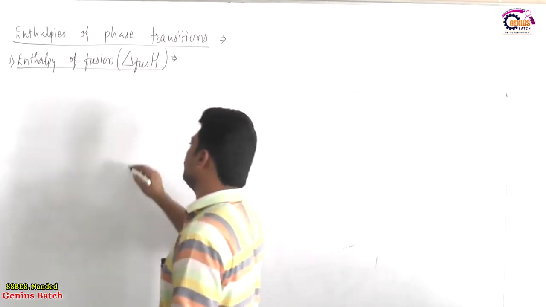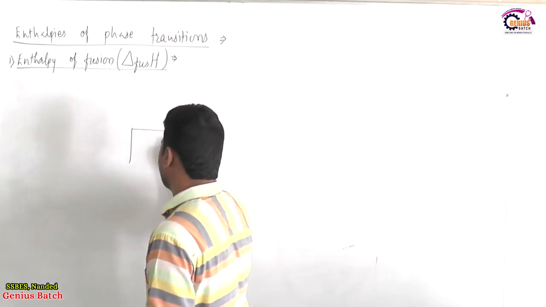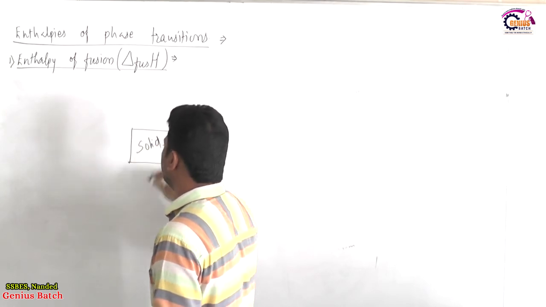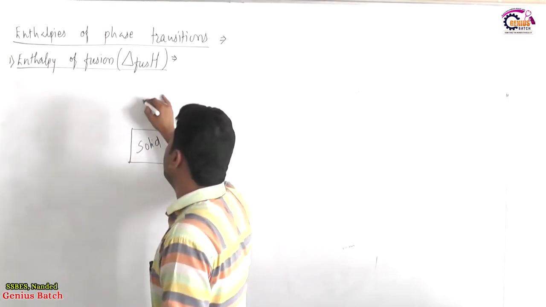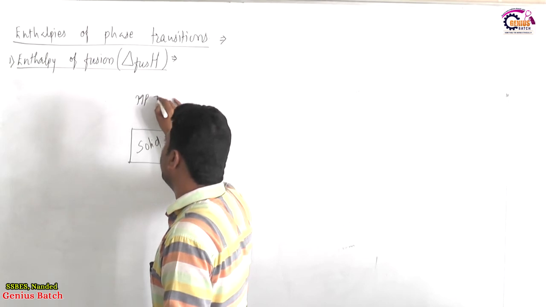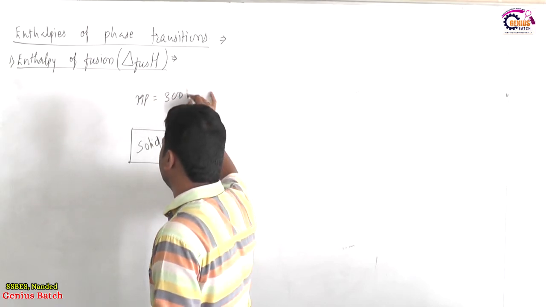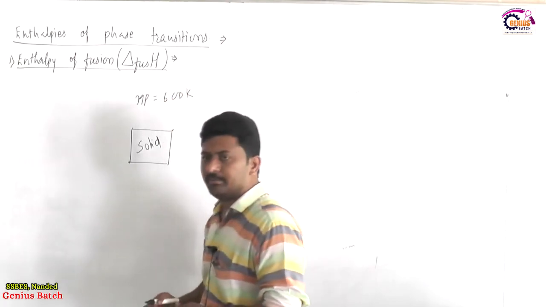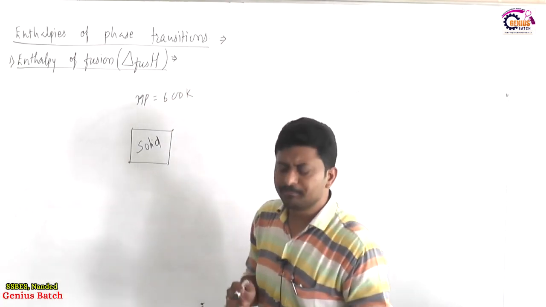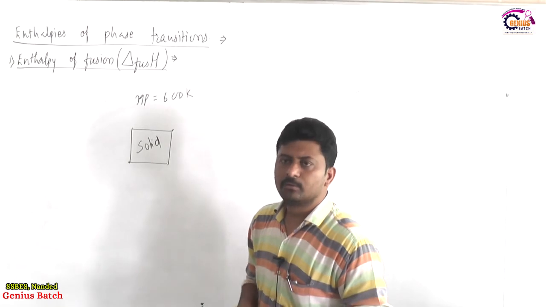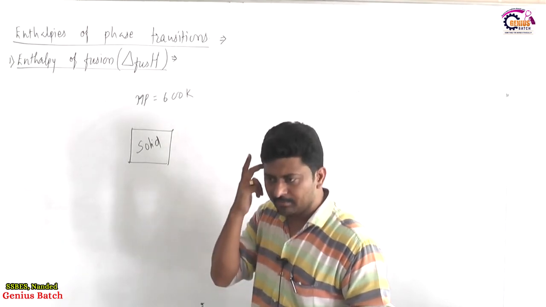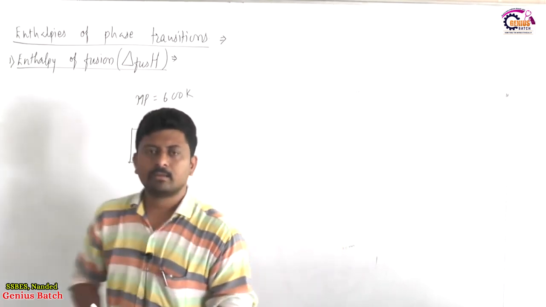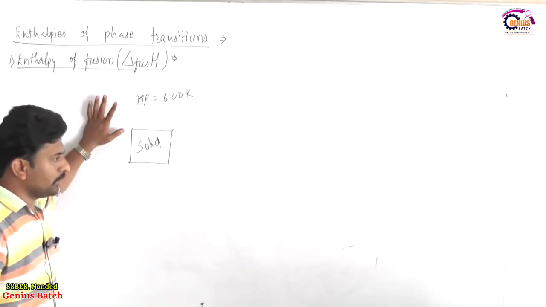Now suppose we have a solid metal or solid substance for which the melting point is 600 Kelvin. Room temperature is around 298, about 300 Kelvin. Beyond that, around 300 degrees Celsius, is its melting point.